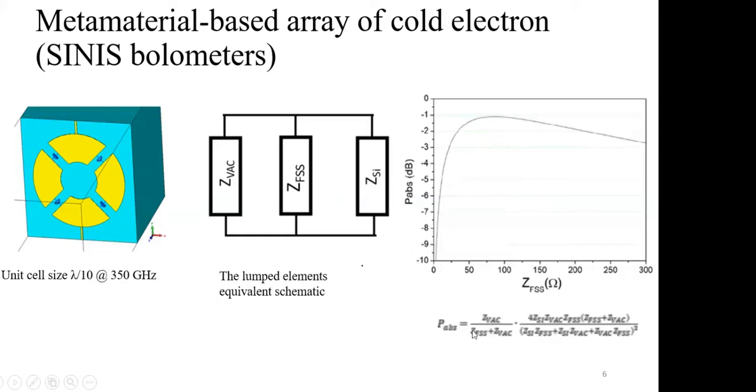Based on this curve, you can see the power absorption as a function of the impedance of the frequency selective surface. Here at the vacuum side, we do not have any short circuit boundaries, so we measured it here, and we saw that around 80 ohm we achieved the maximum power absorption for this design.